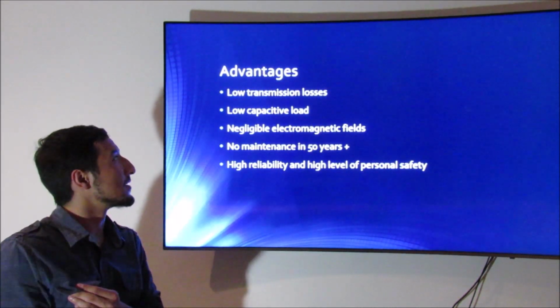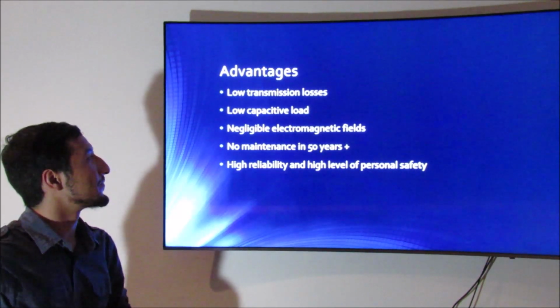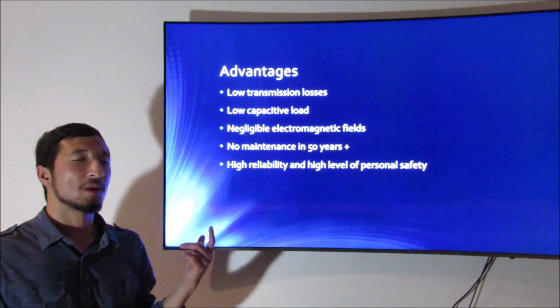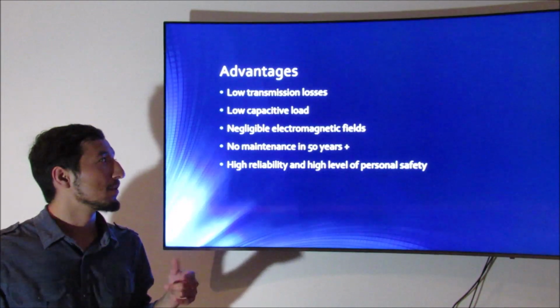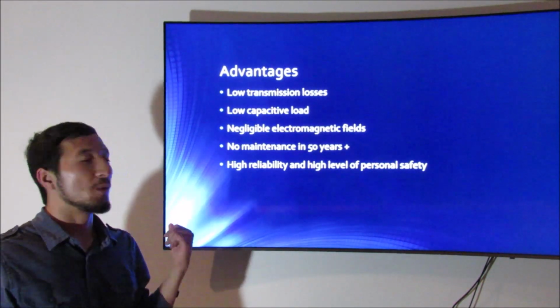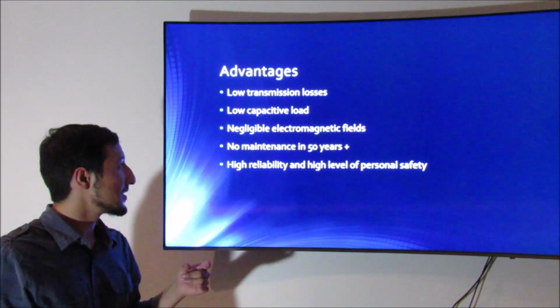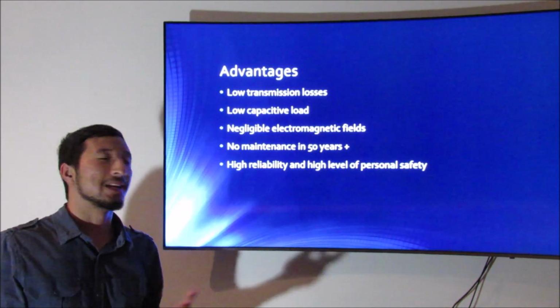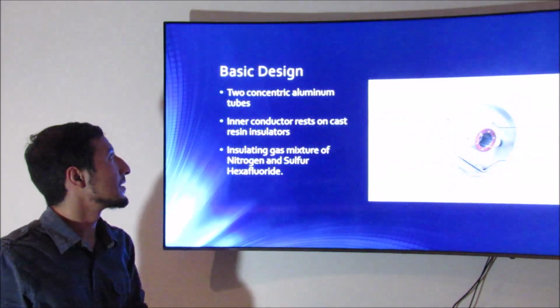Advantages for these, as I had said, are low transmission losses, low capacitive load, negligible electromagnetic fields, no maintenance in 50 years and plus, and high reliability and high level of personal safety.